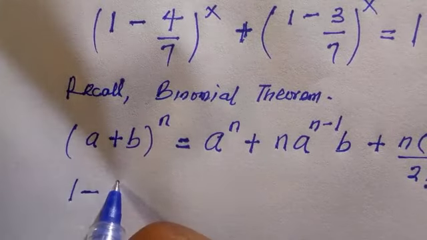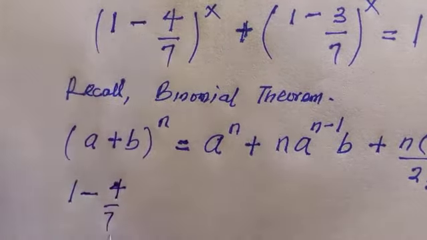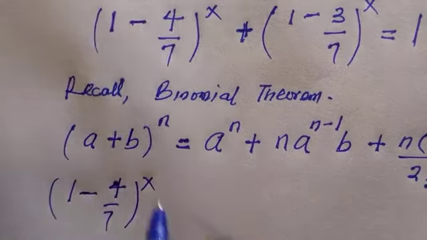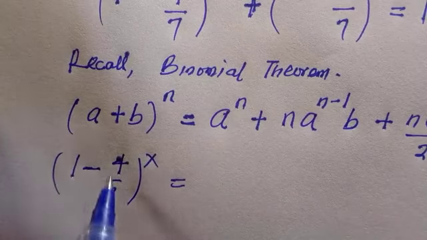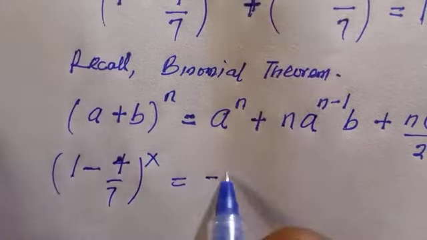For the first one, we have (1 minus 4 divided by 7) all raised to the power of x. We know that a is 1, b is minus 4 over 7, and n is x.